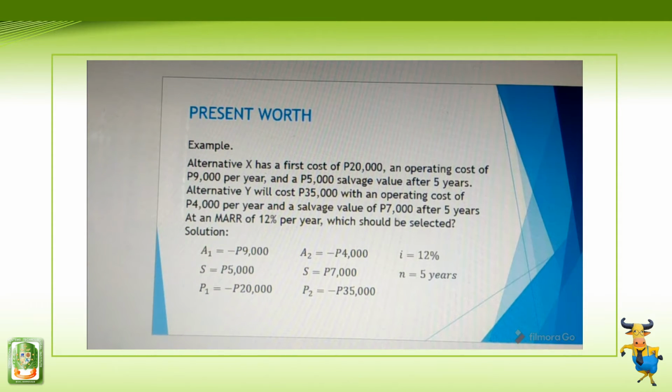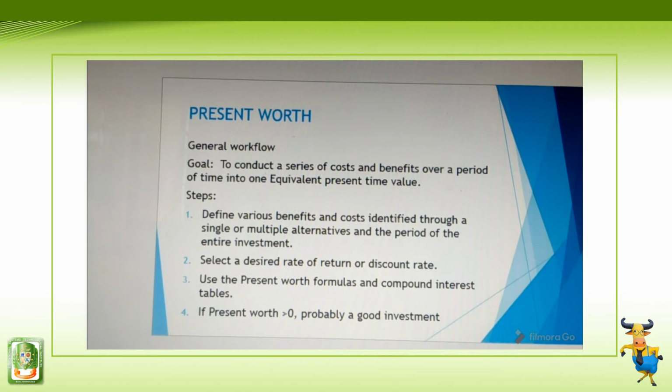Now for alternative Y, or our second alternative, we have the annual cost of 4,000, a salvage value of 7,000, and the first cost, which is 35,000. We have the interest rate of 12% and N is equal to 5 years.